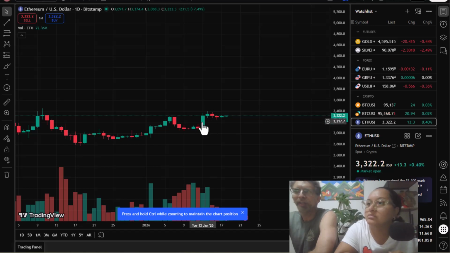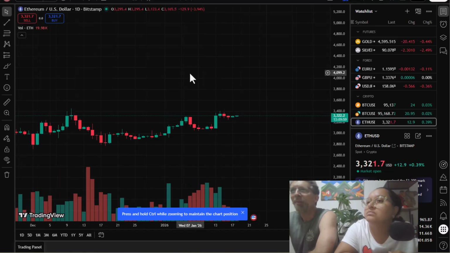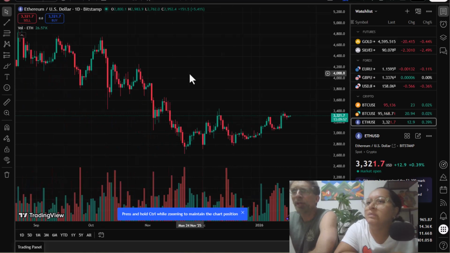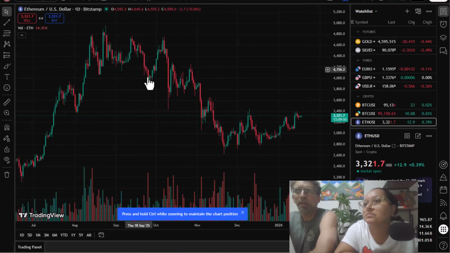Is it a big candle? But if you make them narrower, you can see the trends that have happened. Ethereum had a very significant downtrend in October, November, then consolidated in December, and now seems to be starting to go up a little bit.